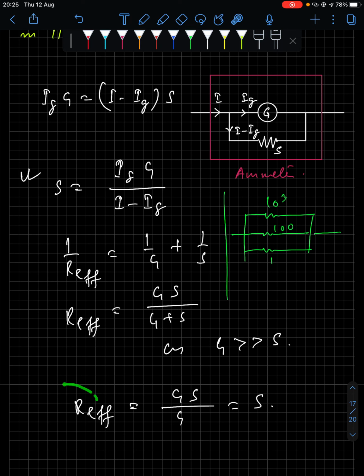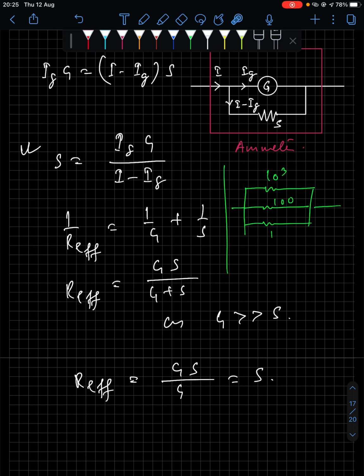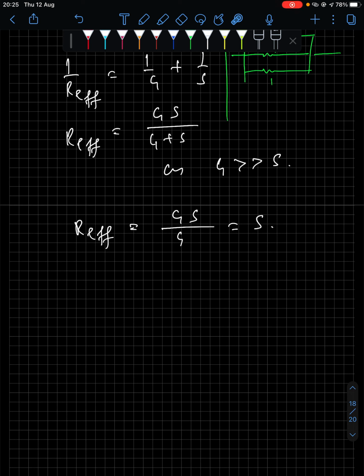The equivalent or effective resistance is always lesser than the least value. So it will be less than 1 ohm. Therefore, the lesser you put this shunt resistance, the overall effective resistance will fall even lesser than the shunt. So that needs to be remembered here.